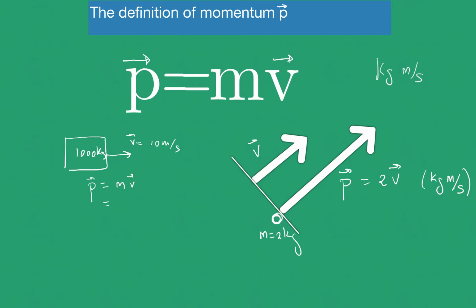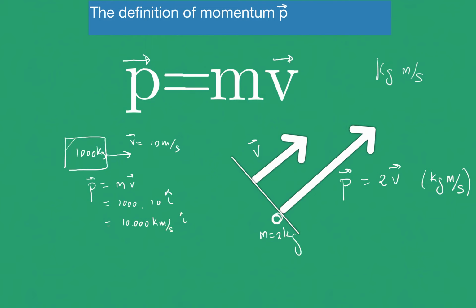So the linear momentum of this object will be its mass, 1000, times its velocity. Its vector velocity will be maybe 10 in the x direction. So its momentum will be 10,000 kilogram meters per second in the i direction.